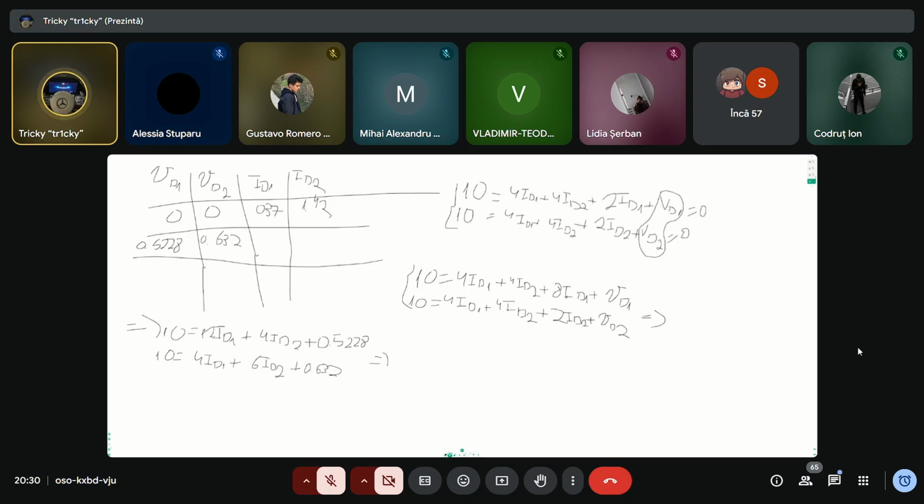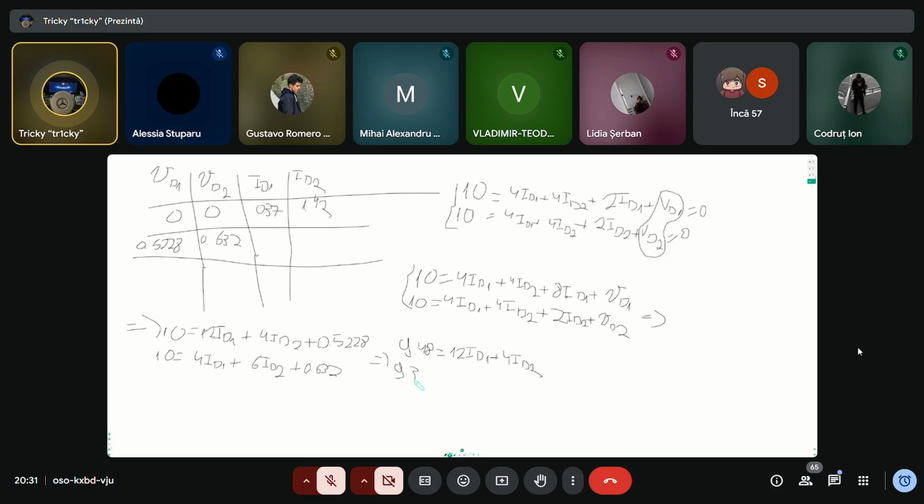10 minus, we're going to say this is approximately equal to 9.48 is equal to 12 ID1 plus 4 ID2, and 10 minus 0.632 equal to 9.